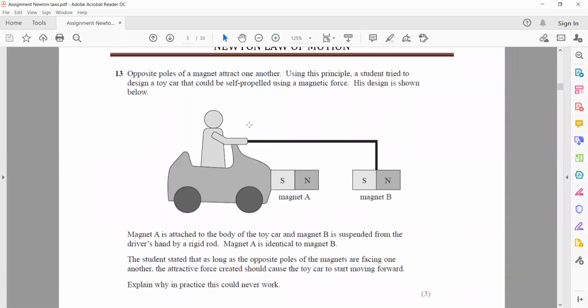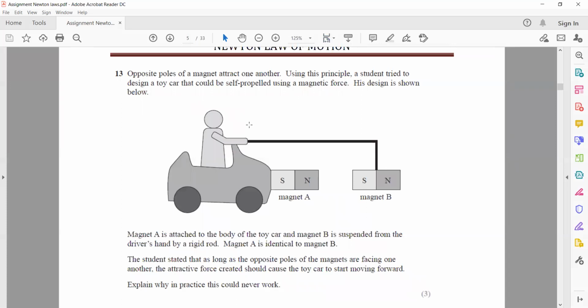Another question related to Newton's law. Opposite poles of magnets attract one another. Using this principle, a student tried to design a toy car that could self-propel. Self-propel means the car can push itself and move. His design is shown.